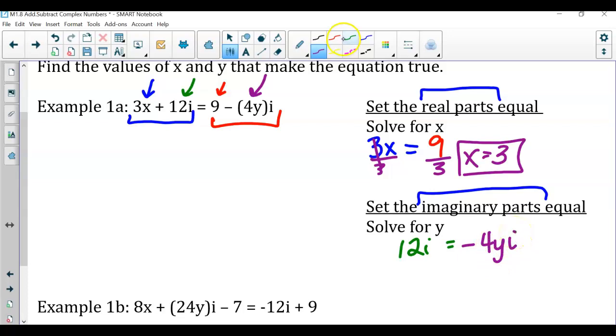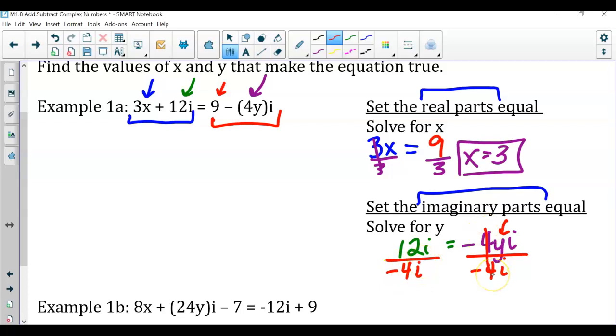Notice how we have i on both sides of the equation. If we're trying to solve for y, I would divide by not just -4, but -4i, because that's what's being multiplied to y. So I'm going to divide both sides by -4i.